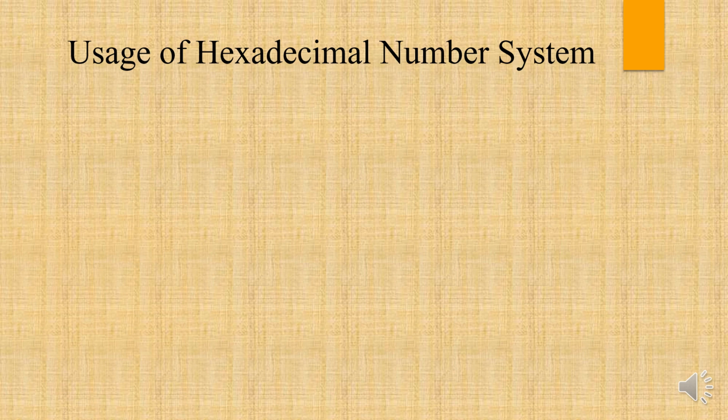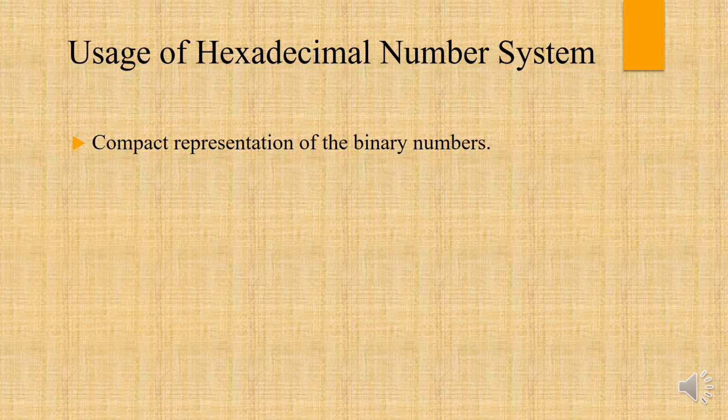So now come to the uses of hexadecimal number system. So here the first point is the compact representation of the binary numbers. See, with the increase in the value of a decimal number, the number of bits in its binary representation also increases, and sometimes a binary number becomes so large that it becomes difficult to manage.